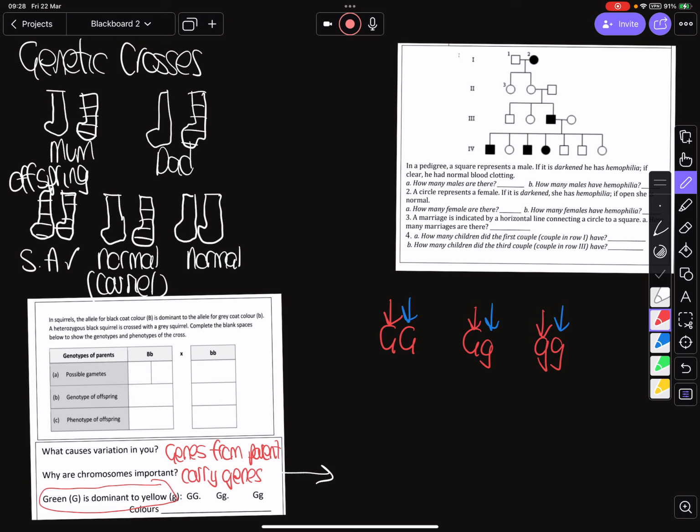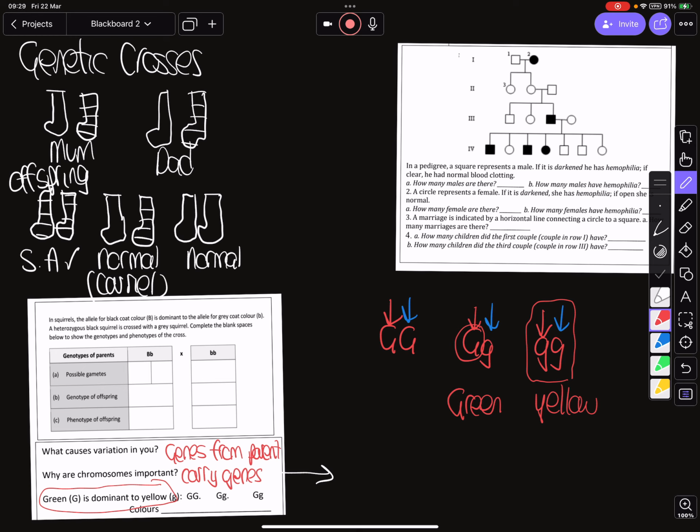And if you're here, then this is going to be completely different to the other two. So in this instance, for this example, it's probably a plant. That plant would be yellow because it got two small g's. Similarly here, this plant is going to be green because if this big G is present, this dominant gene is present, it stops the recessive, the small letter, from working.